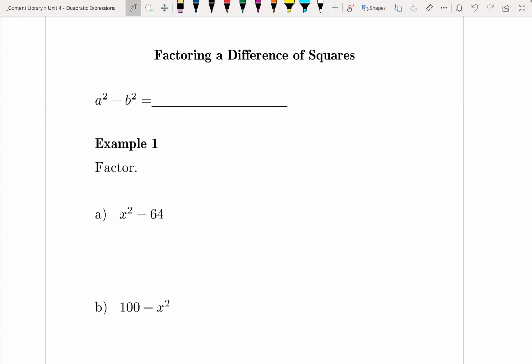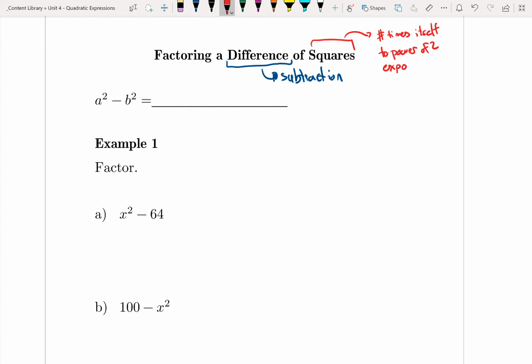So coming from the actual title, difference, we should remember difference means subtraction. And when we talk about squares, that means a number times itself, or you could think of something to the power of 2, or basically an exponent of 2.